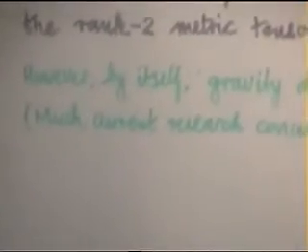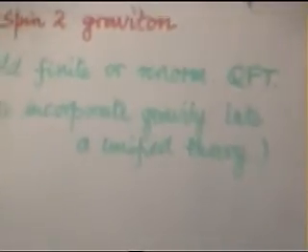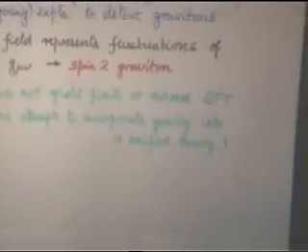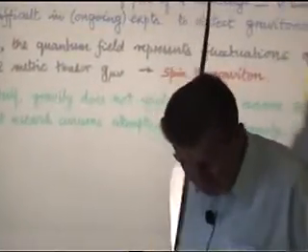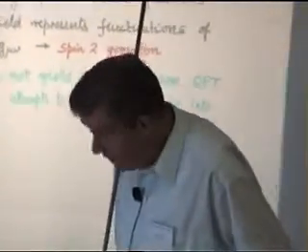A huge amount of current research is concerned with trying to tame gravity, bring it under control and incorporate it in the theory of the other forces. I'm sure a lot of the lectures here will be concentrating on that point, because gravity is at the moment outside the fold. We haven't got an acceptable quantum theory of gravity as yet.